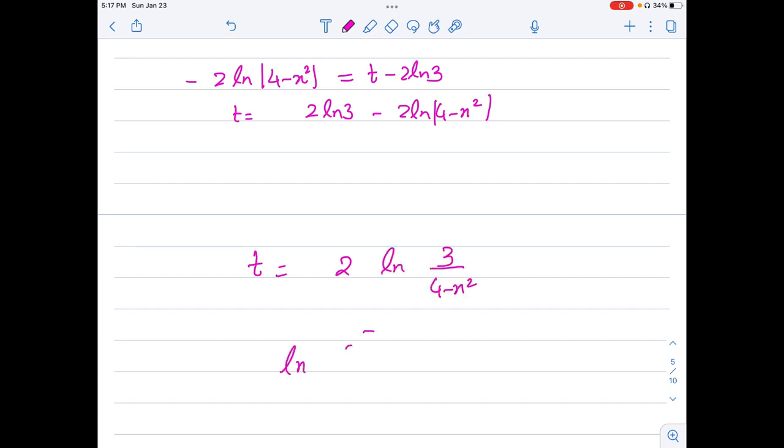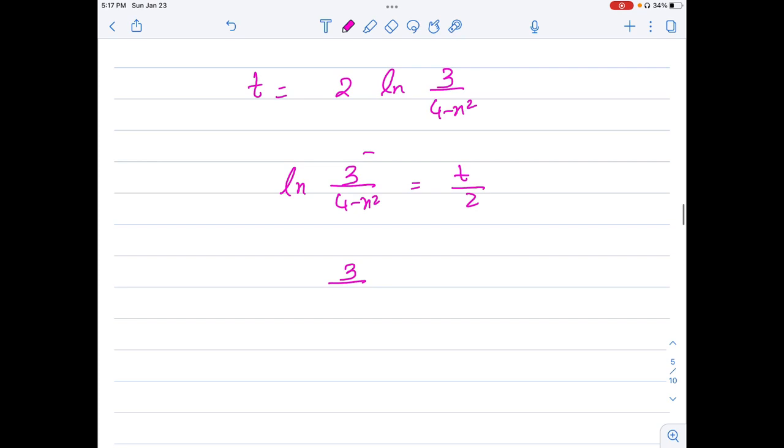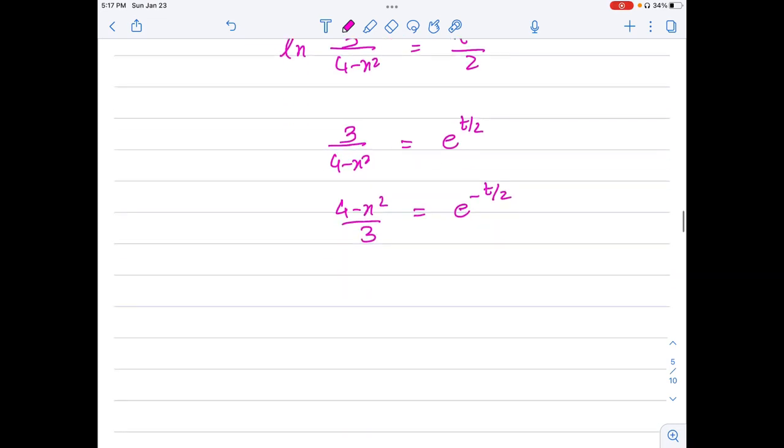So ln of 3 upon 4 minus x square is equal to t upon 2. 3 upon 4 minus x square is equal to e power t upon 2. So I want x square as the subject, so do the reciprocal, it becomes e power minus t upon 2. So 4 minus x square is equal to 3 e power minus t upon 2. x square is equal to 4 minus 3 e power negative t upon 2.